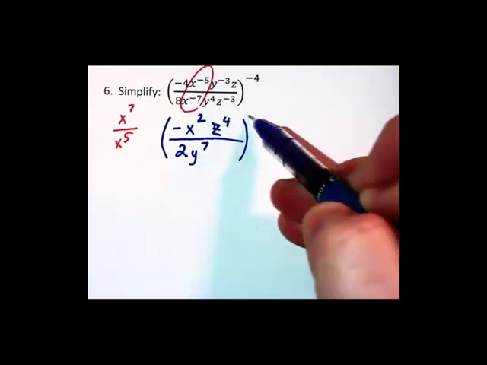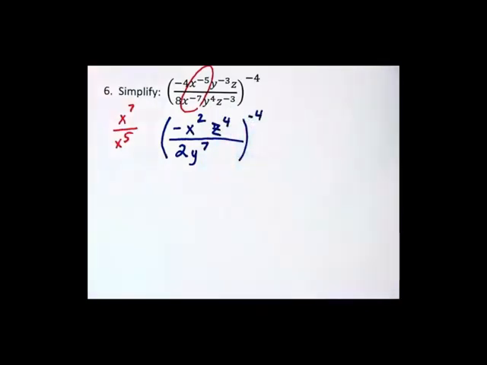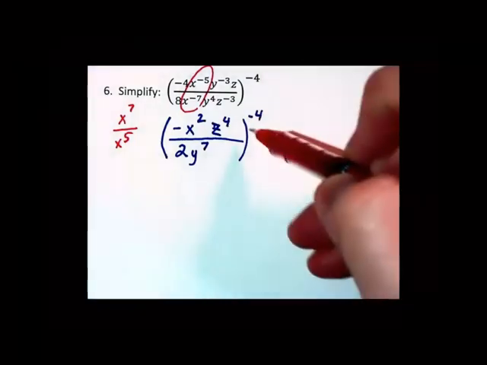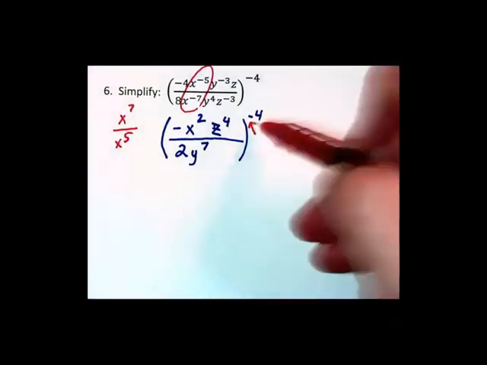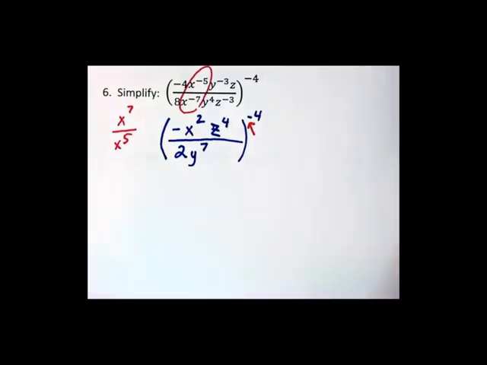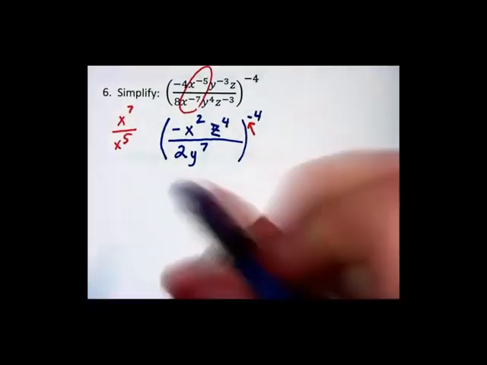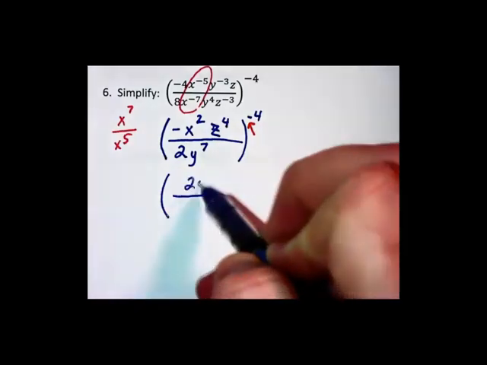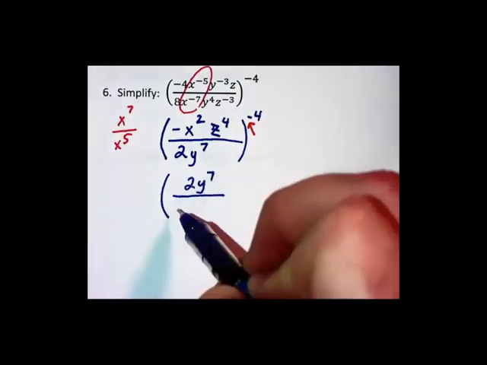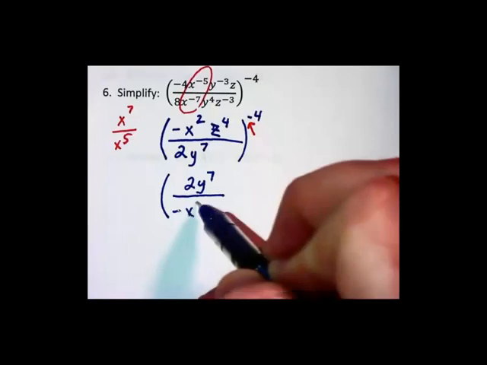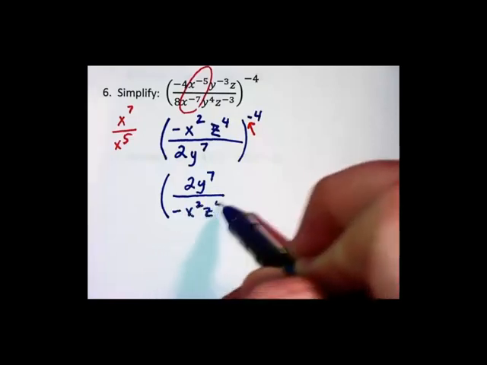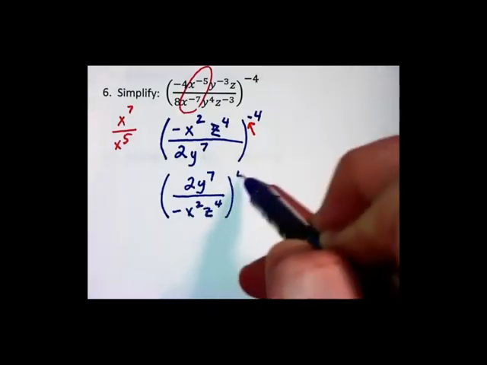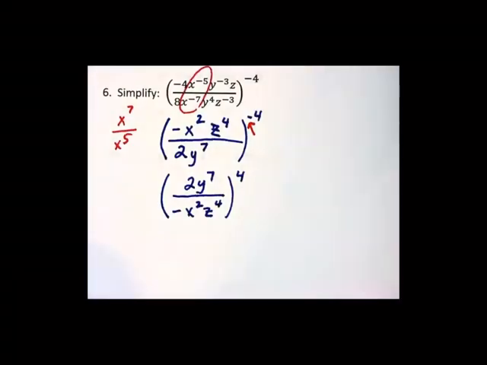All of that is to the negative 4th power. And just as we did in the last problem, I'm going to distribute only the negative in, which has the net effect of flipping over that fraction. So we have 2y to the 7th in the numerator, and negative x squared z to the 4th down below, all raised to the 4th power.